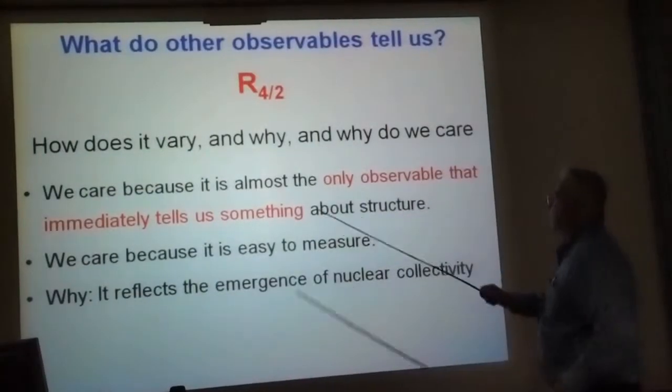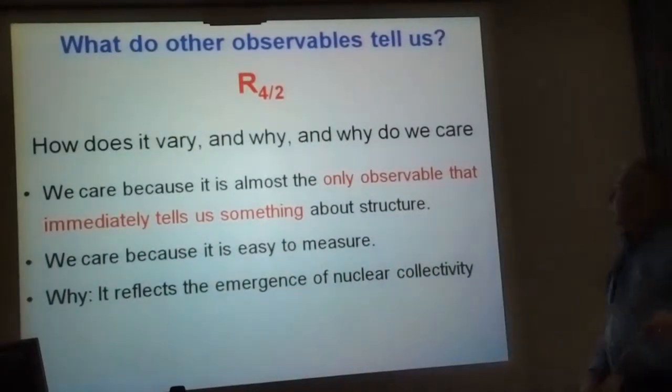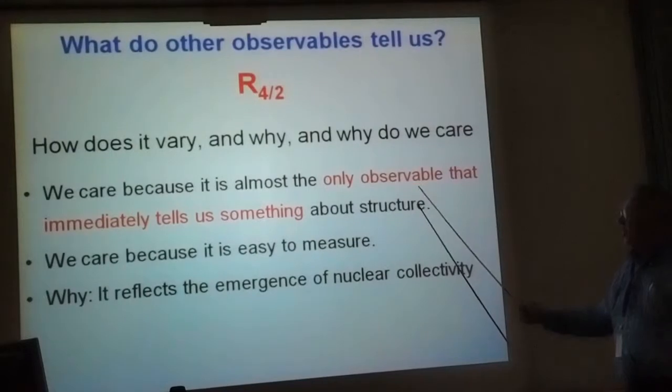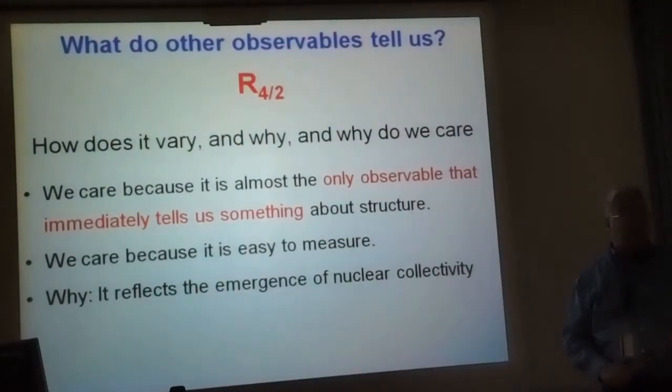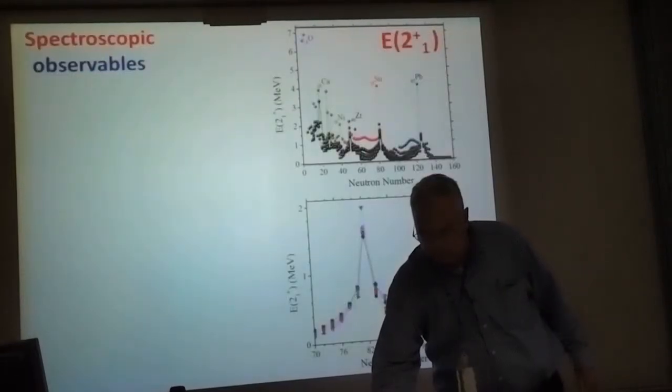Now I want to talk about this other observable, R42. How does it vary? Why does it vary, and why do we care? The last one is the easiest. We care because it's almost the only observable that immediately tells us something. Let me come back to the 2+ and just illustrate that.